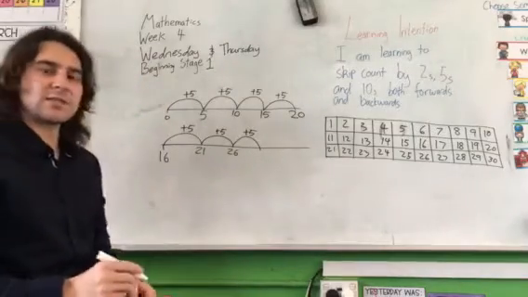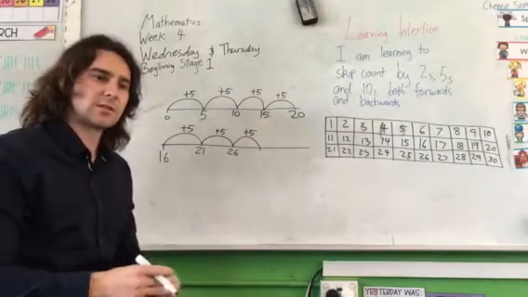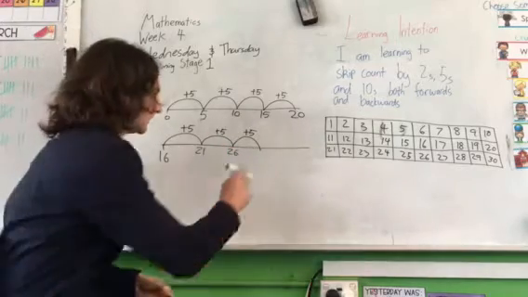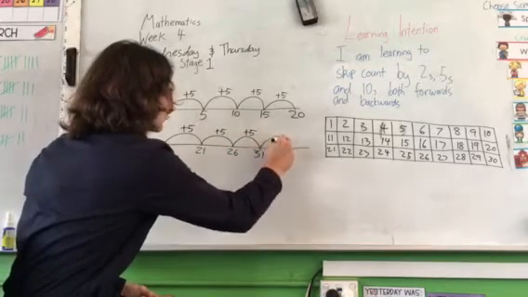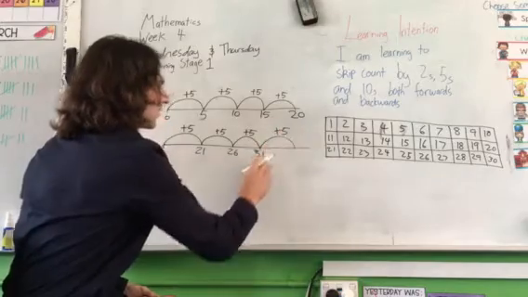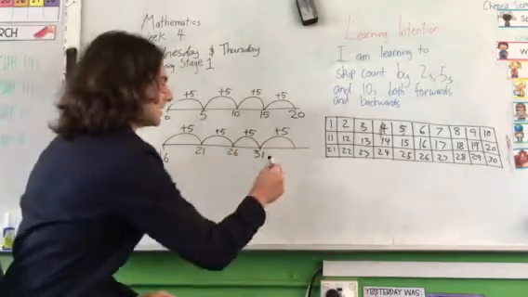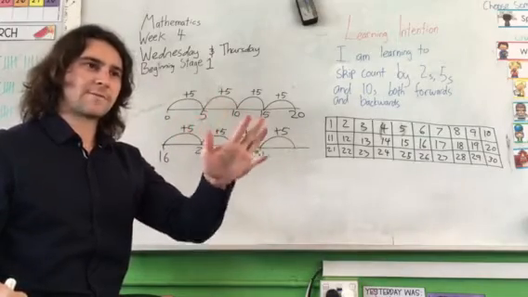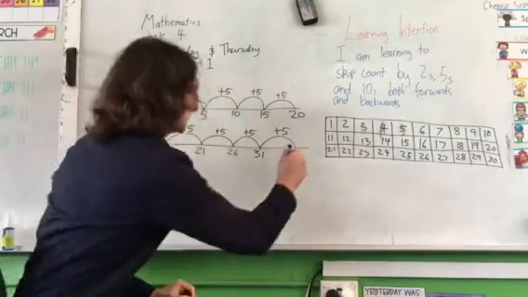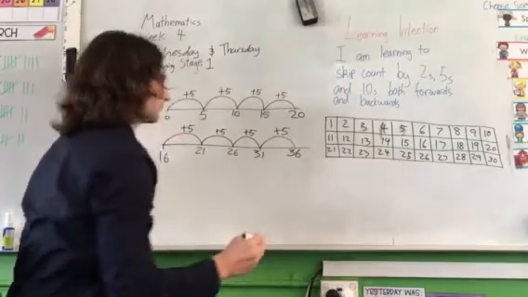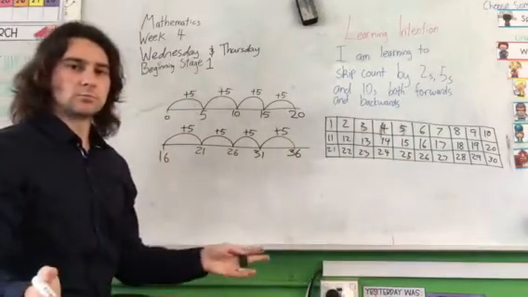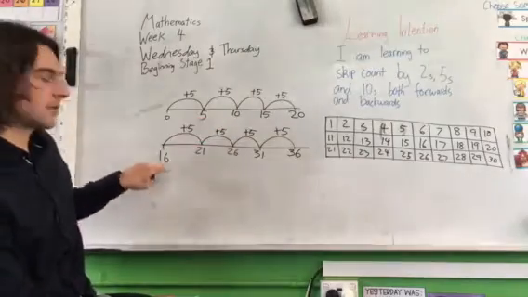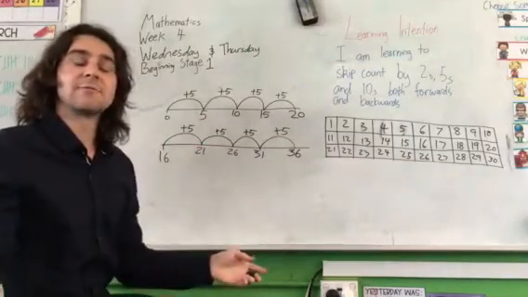Plus 5, 26 plus 5 is 26, 27, 28, 29, 30, 31. 31 plus 5 is 31, 32, 33, 34, 35, 36. And there you go. Starting from 0, starting from a different number.